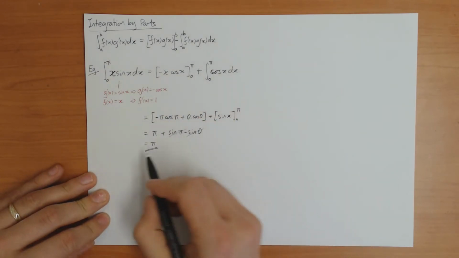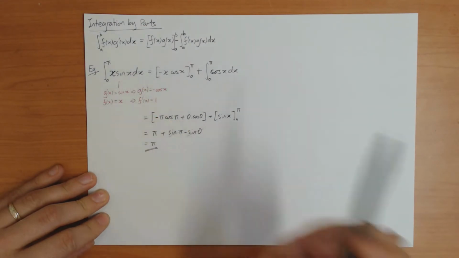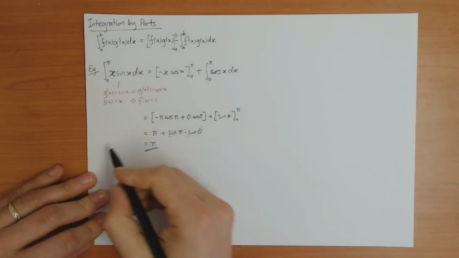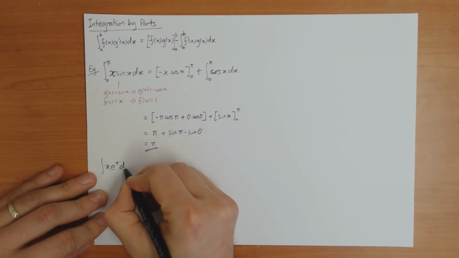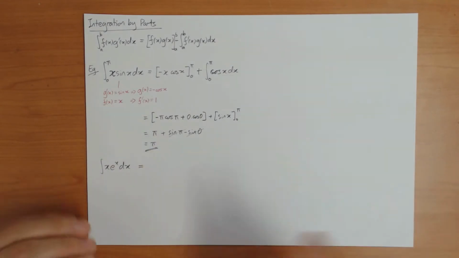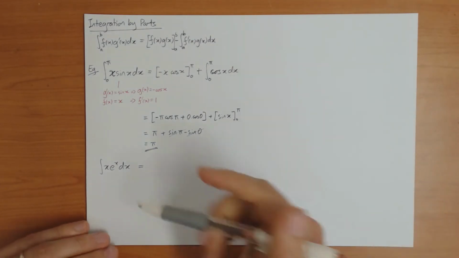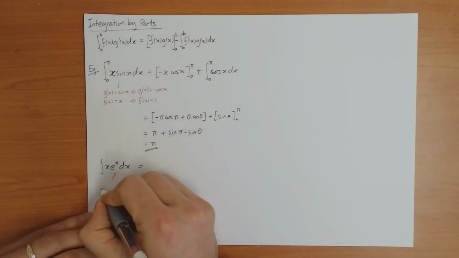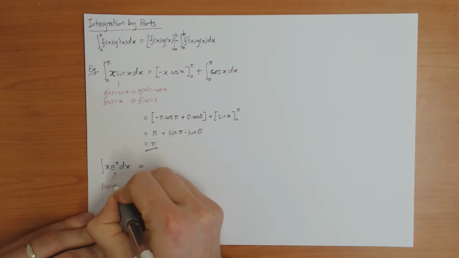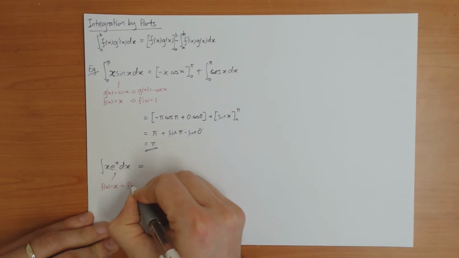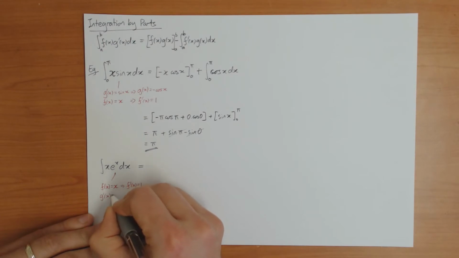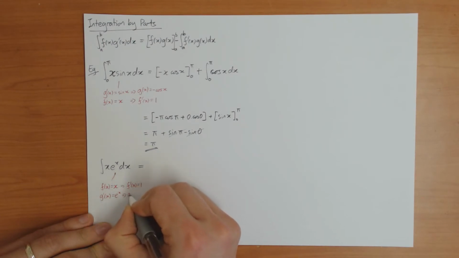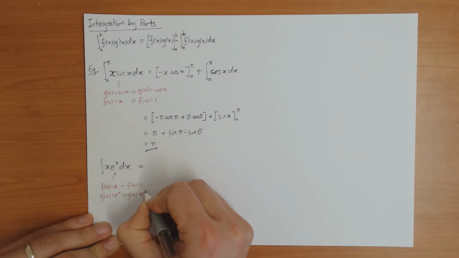Now the same method works on any function where it's x times something you know how to integrate. So if I do another similar example quickly, the integral of x e to the x dx. In this case, as before, I choose f of x to be equal to x, and therefore f prime of x is 1, and g prime of x is e to the x, so g of x is also equal to e to the x.